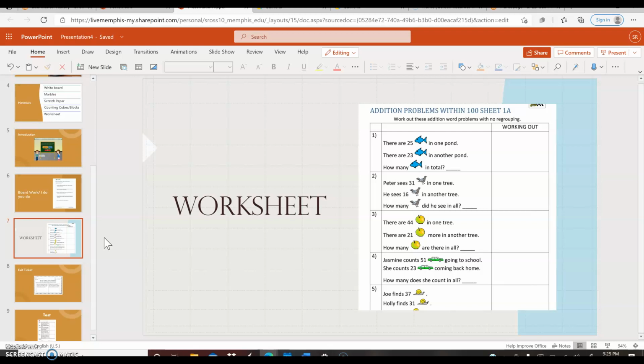Say, for example, the first problem: there are 25 fish in one pond. There are 23 in another pond. How many in total? So they will work it out to the side and then come out with the total, filling in the blank for the answer. And this procedure follows on until the next problem, all the way for 5 problems.